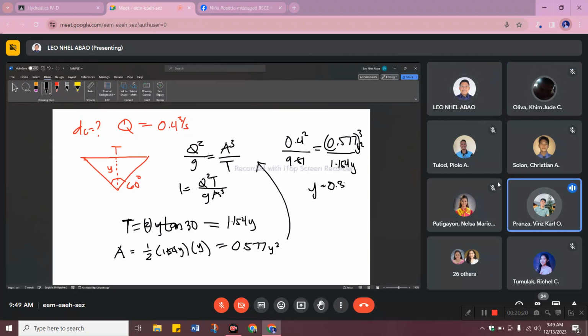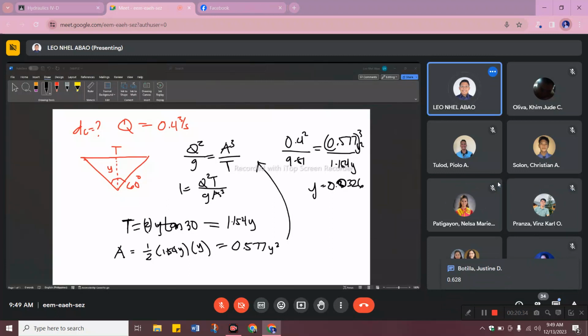Oh, I got it wrong. 0.0326, sir. Okay. A was cubed earlier. Did you cube it too? Don't forget, it is A cubed. So this is the answer, 0.0326. What is the answer? 0.628, sir. Yes, this is the answer, right? Same answer. Don't forget, it is Q squared or A cubed.